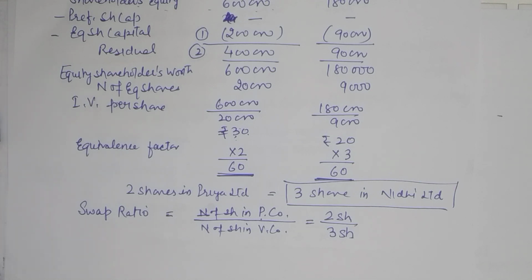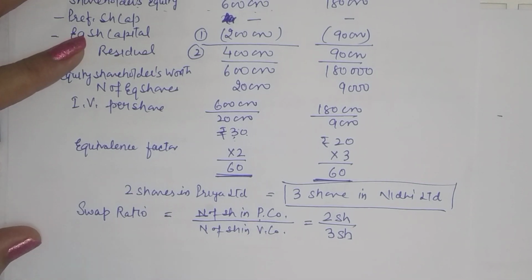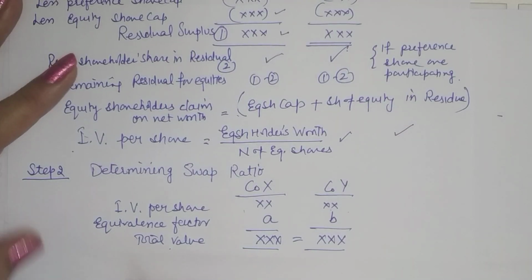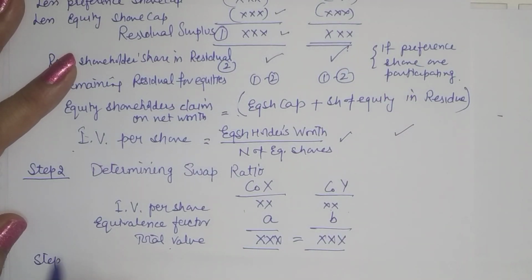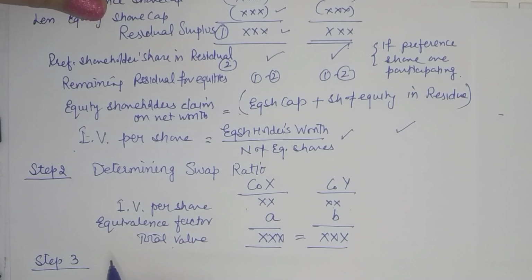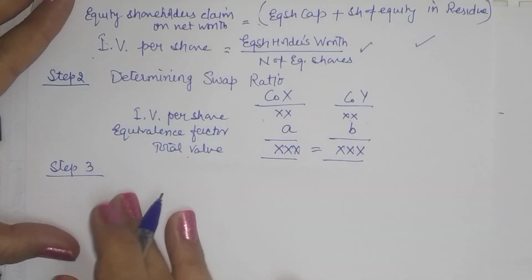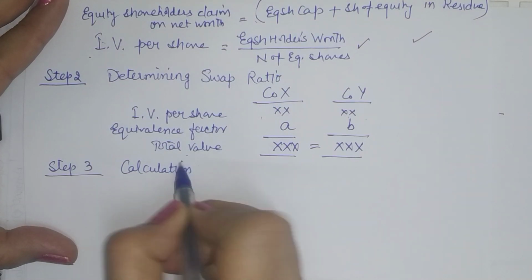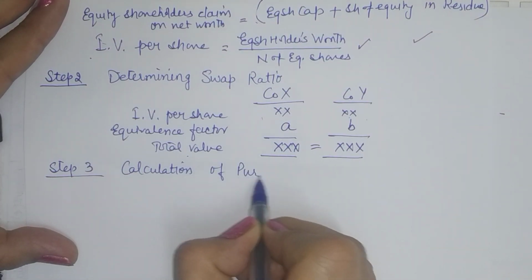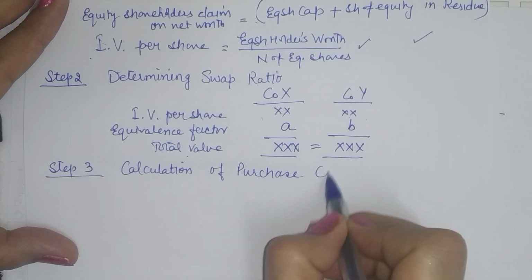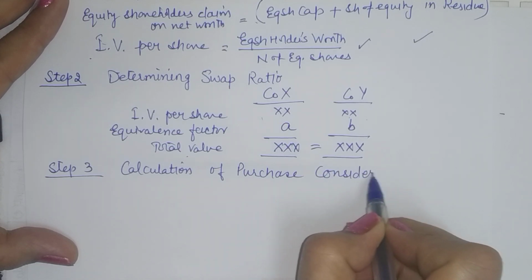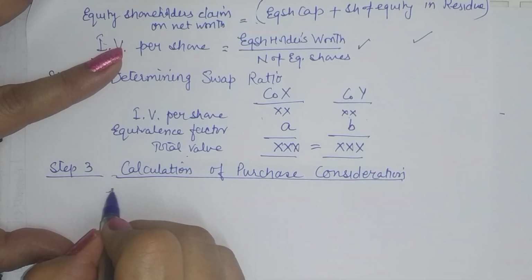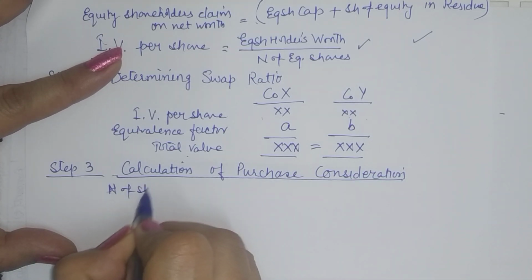So once we have decided, then purchase consideration can be calculated easily. Now how do we calculate purchase consideration? Our step 3 is calculation of purchase consideration. So it is number of shares.